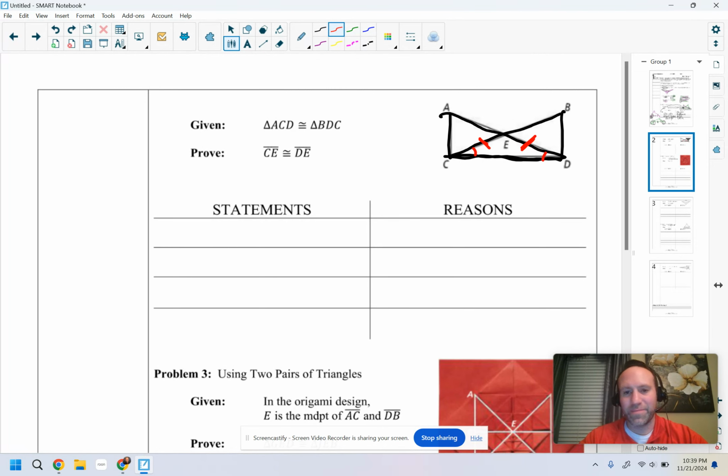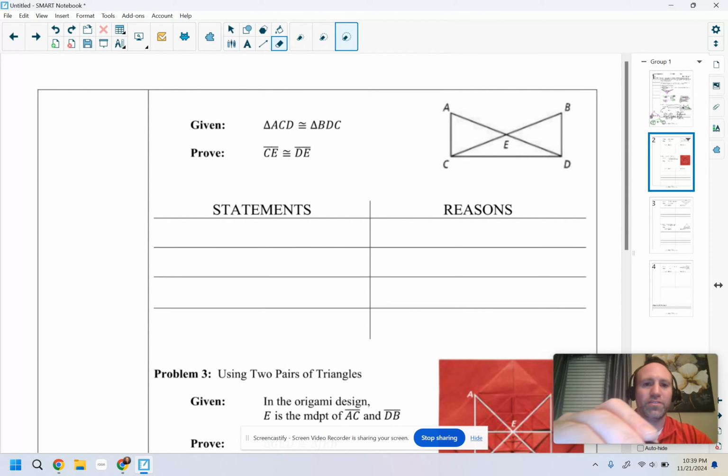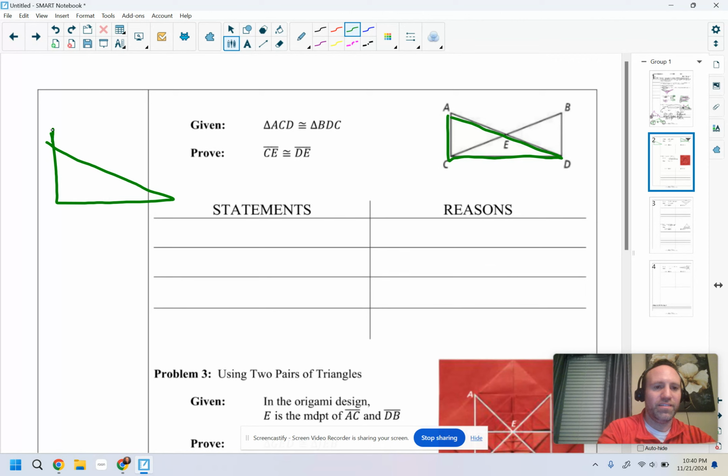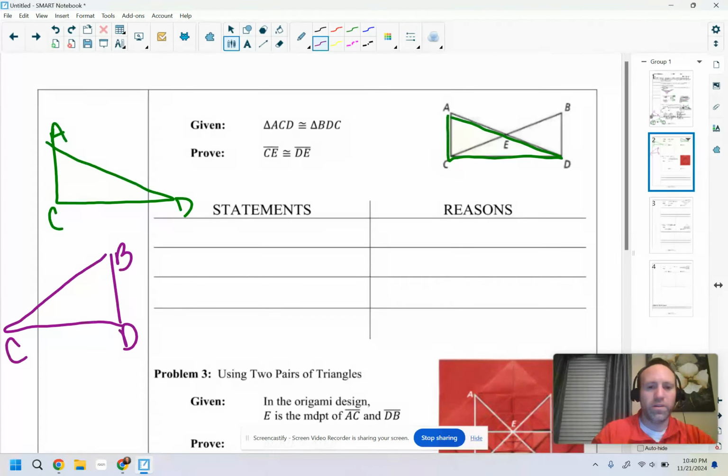Now, I'm going to redraw the congruent triangles that I have there. The first one, ACD, and then we have BCD, BDC, and we know they're congruent.